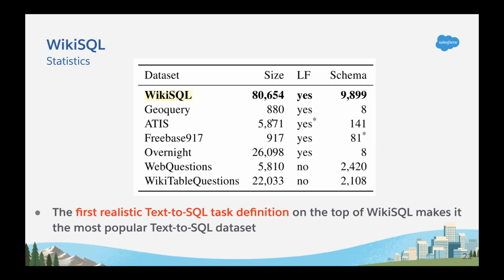And WikiSQL is the first realistic dataset that extends the previous text-to-SQL task into this cross-domain situation, and that made it the most popular one.